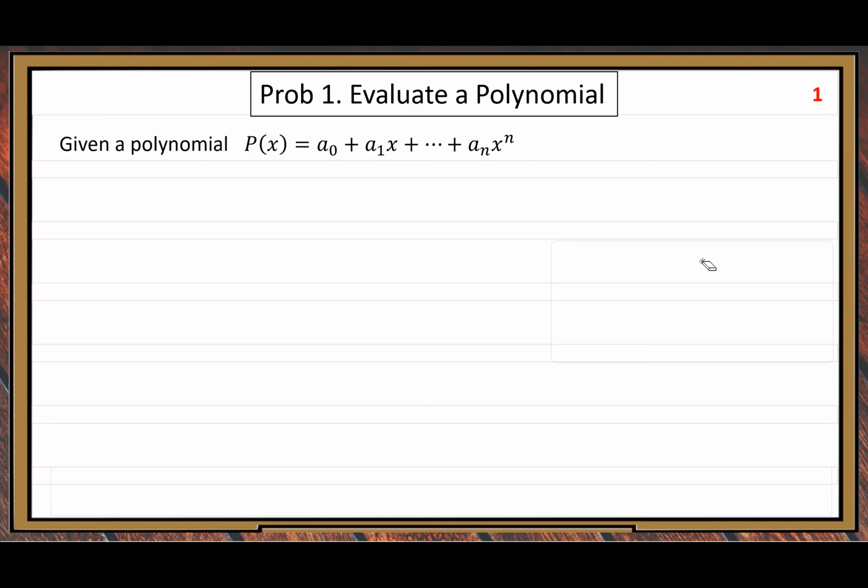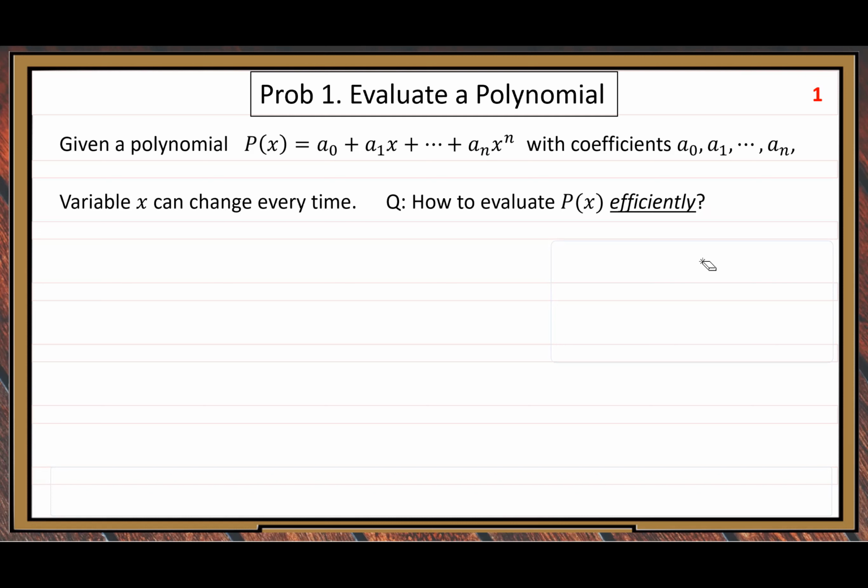Then we have a variable. X is the variable. When we have the value of x, then we can find the value of this polynomial. So the goal is to find the value of this polynomial efficiently.